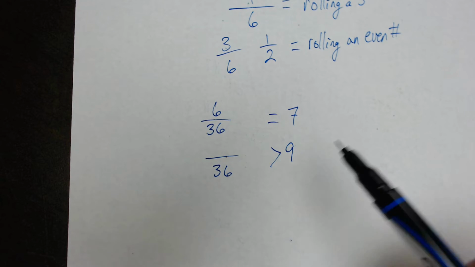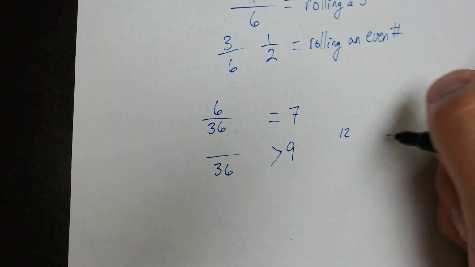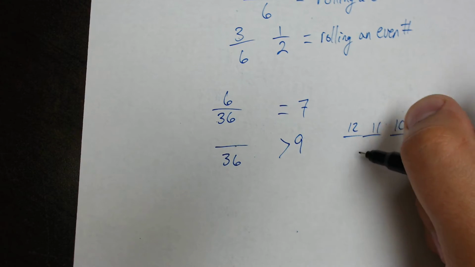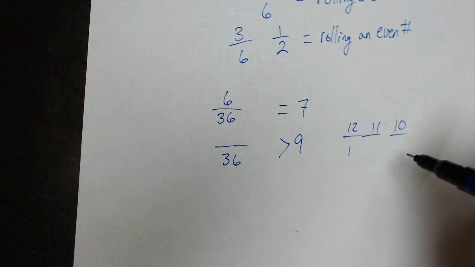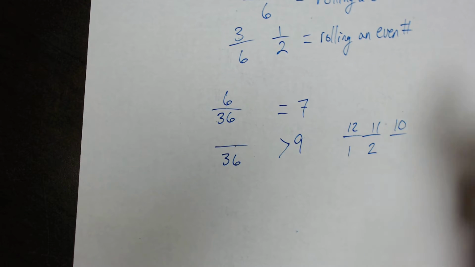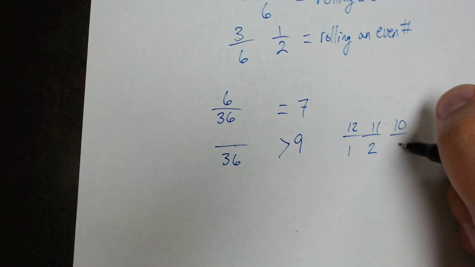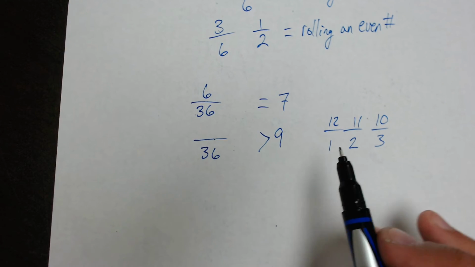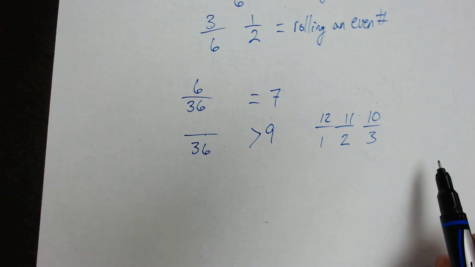There's only one way to roll the number 12. So I'm going to go ahead and break this down because this is quite a few things to work with. There's one way to roll the number 12, which means that there are 2 ways to roll the number 11. And then that means there are 3 ways to roll the number 10, and then 4 ways to roll the number 9, 5 ways to roll number 8, 6 ways to roll number 7. Yep, that works. All right, so if you're ever looking for a number, you can always count that way.